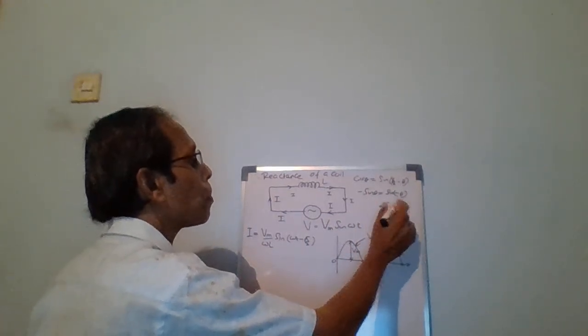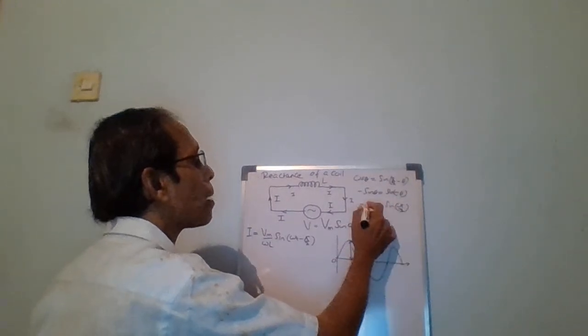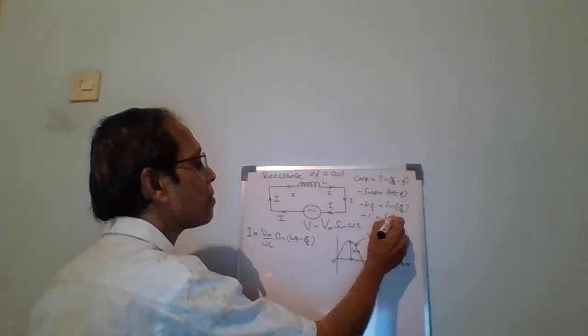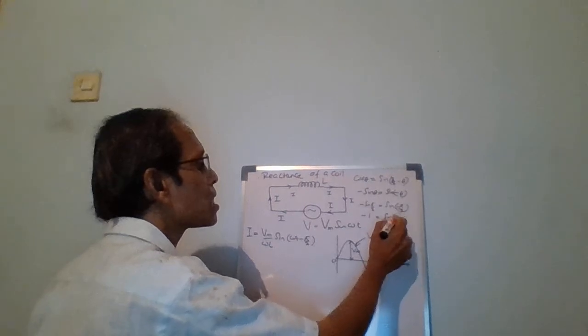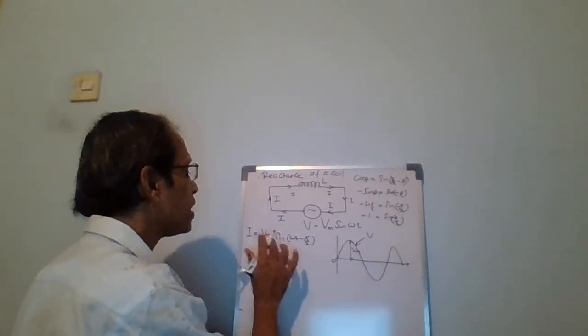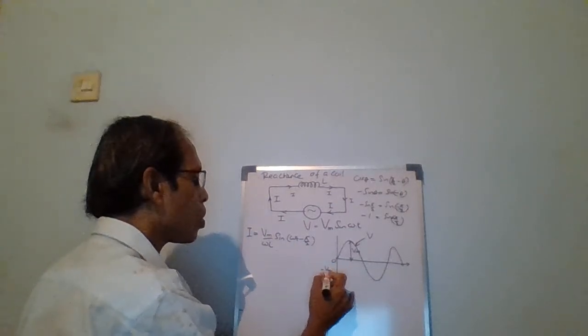Sin minus pi divided by 2 means minus sin pi divided by 2. Sin pi divided by 2 is 1, so it is minus 1. Minus 1 into Vm divided by omega L gives minus Vm divided by omega L.